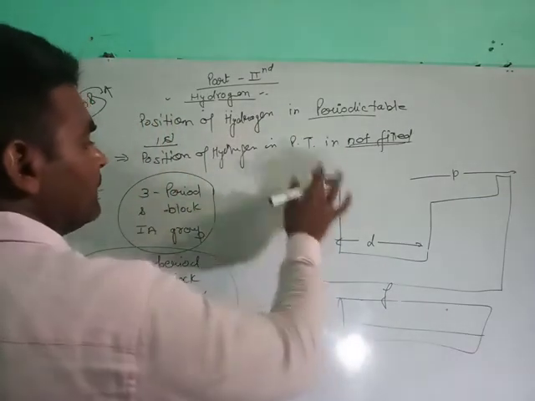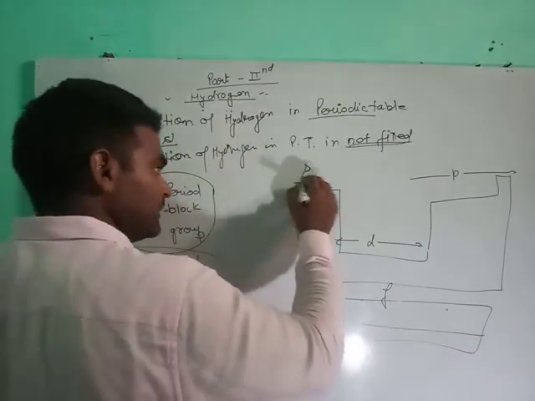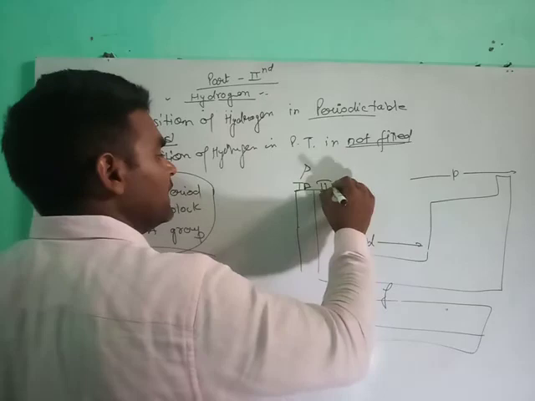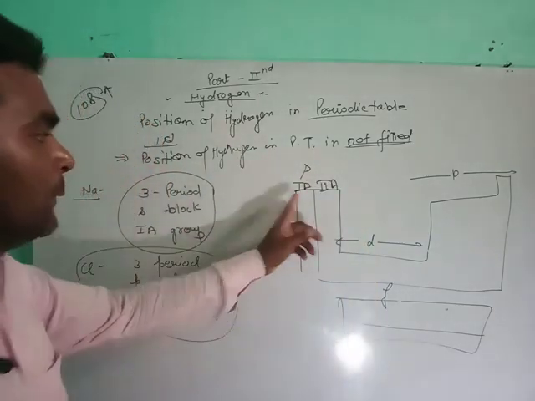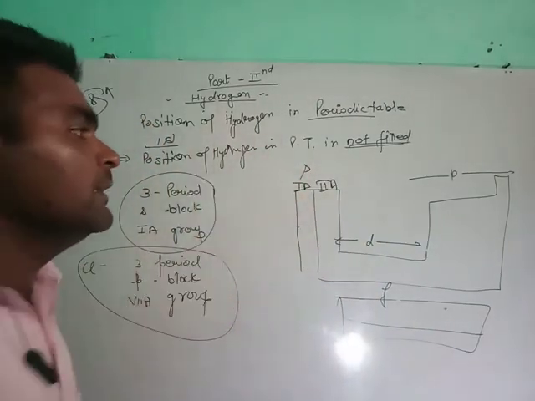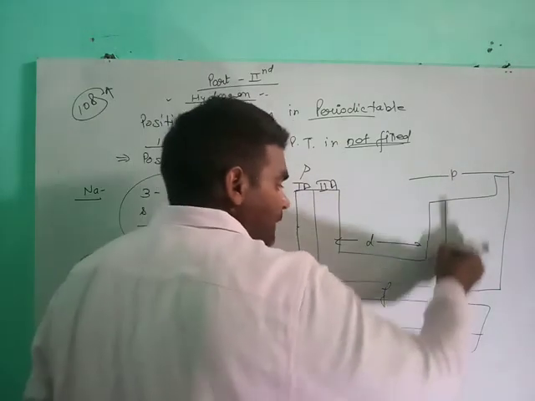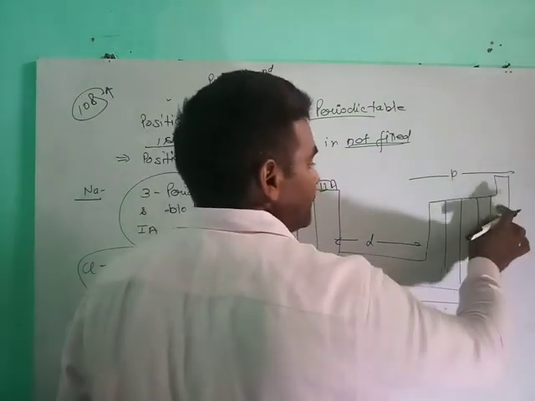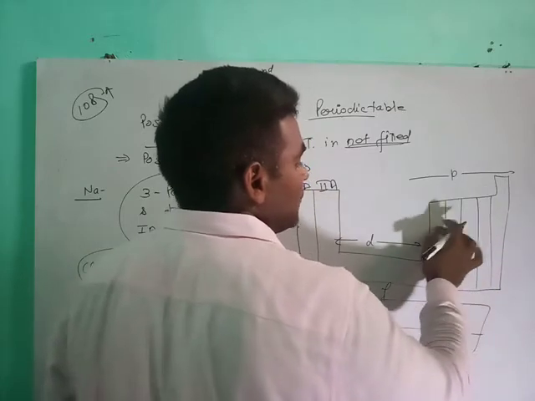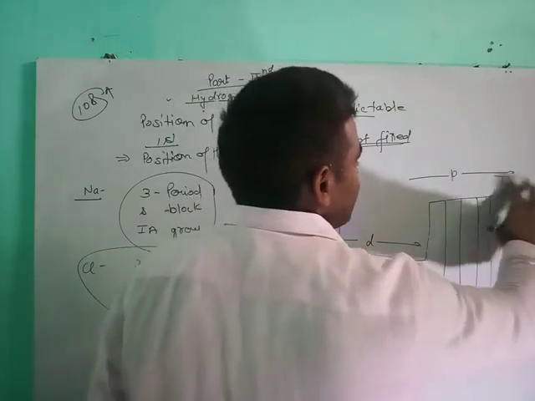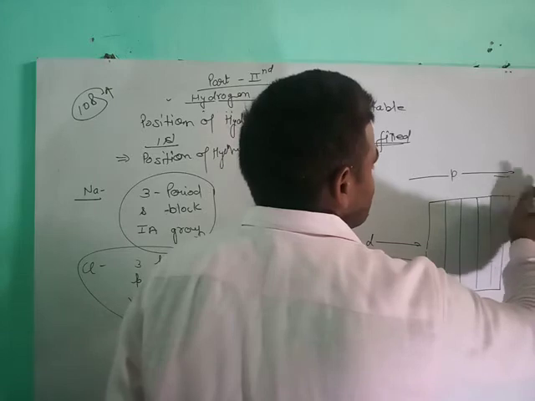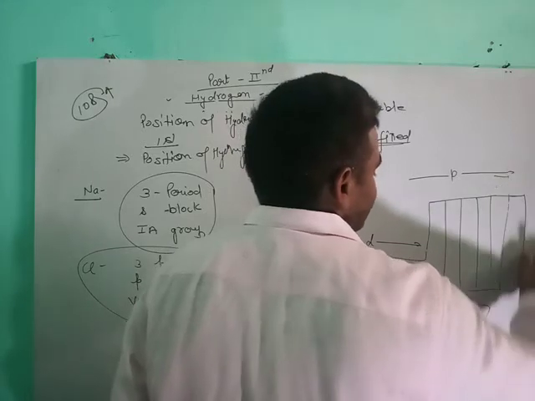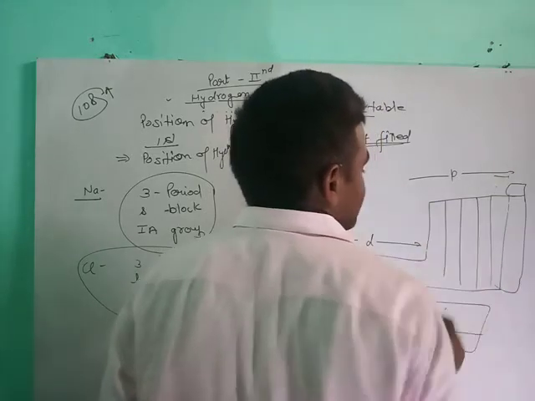The s block has two groups, the first A and the second A. Similarly, the p block has 6 groups, 1 2 3 4 5 and 6.